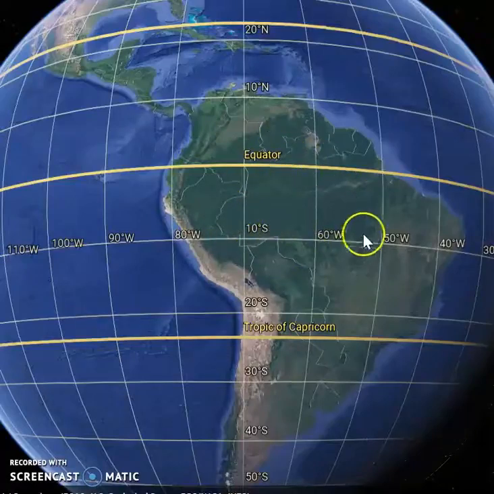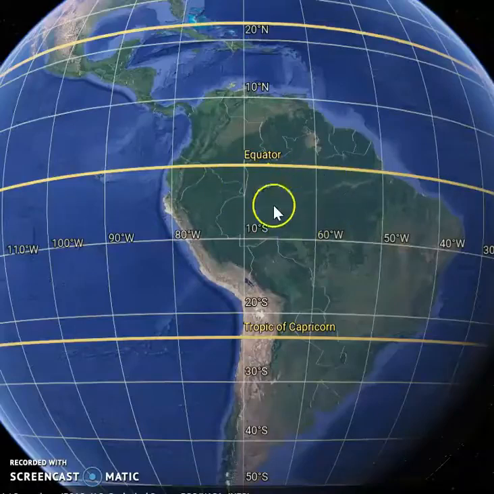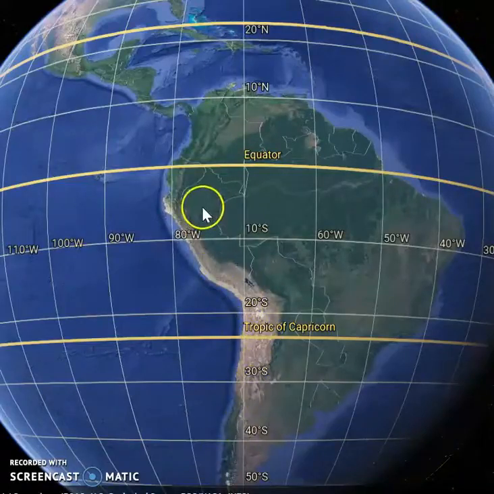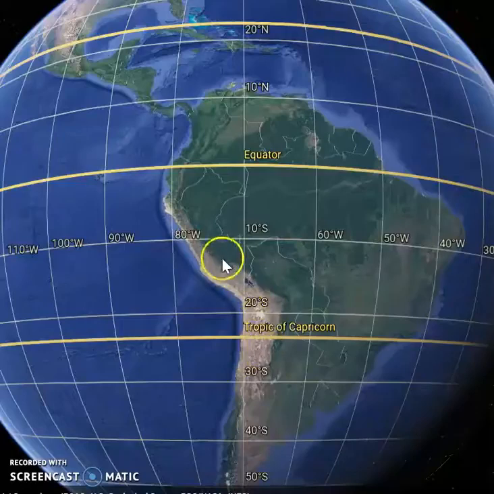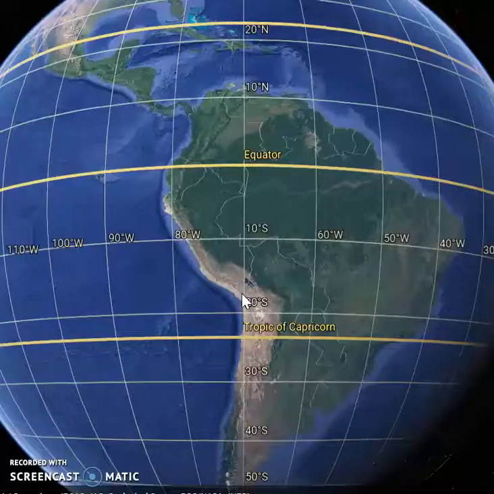So this region here is experiencing the windward part, or the abundance of rainfall. Whereas on the outskirts of the Andes, further west of the Andes mountain chain, we have a desert-like condition experienced in this region here. This is what you call the Atacama Desert, and it is actually on the leeward side of the South American continent.